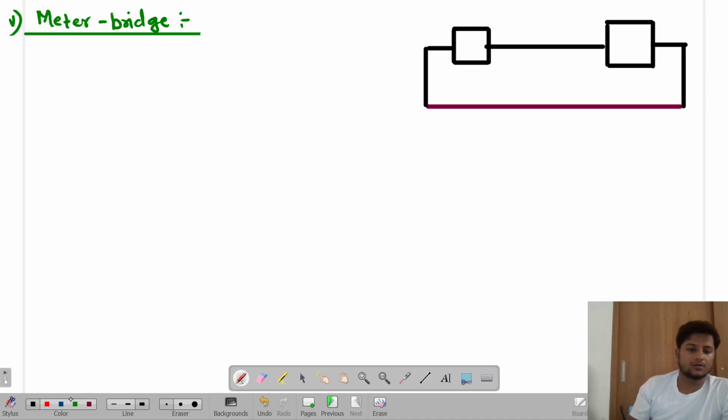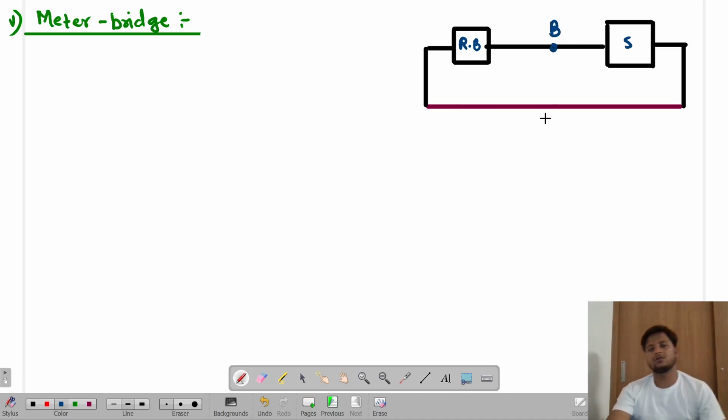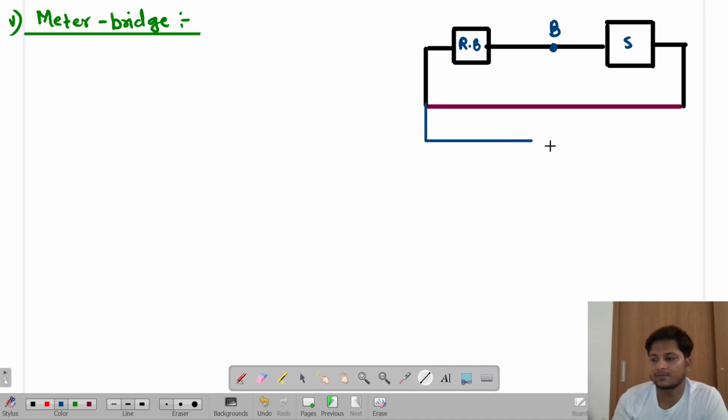This is my RB, this is my S, here is my point B where the jockey is connected, and with this a battery is connected.